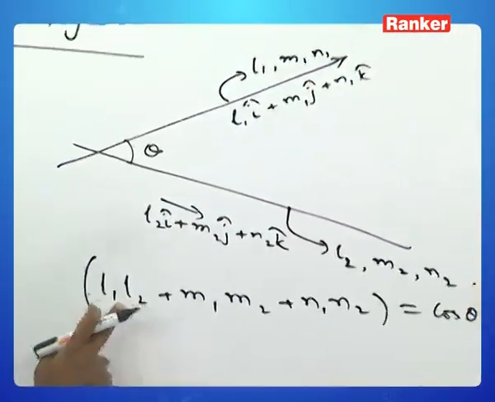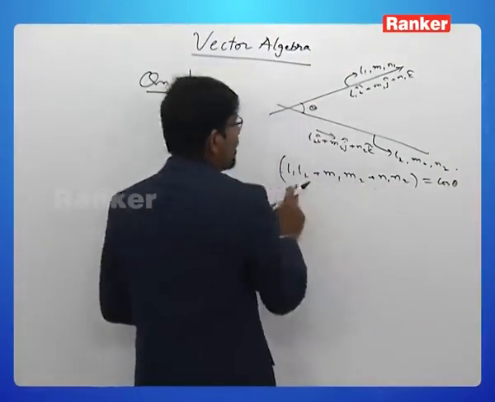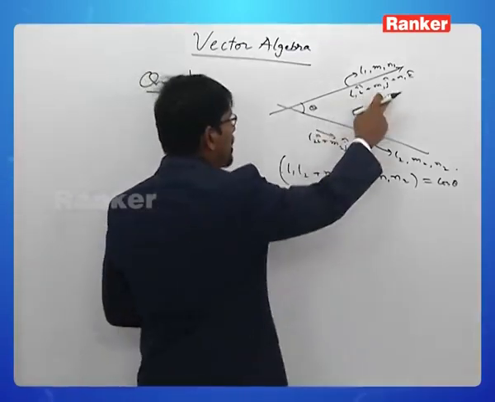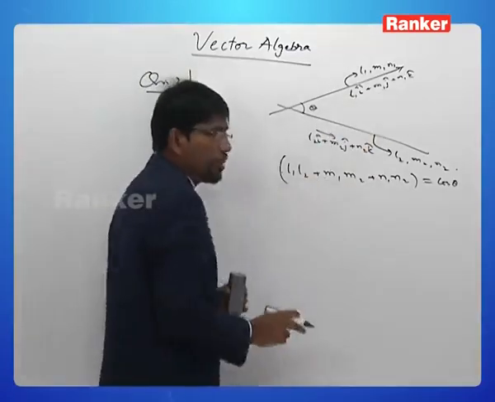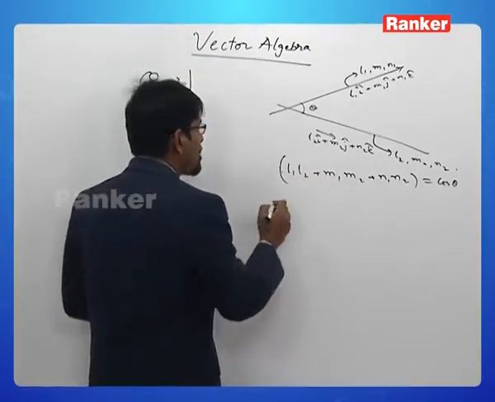That is, if theta is the angle between them, cos theta is given by the dot product divided by the magnitudes. Since these are unit vectors, it is sigma L1 L2 plus M1 M2 plus N1 N2. And now what about sin theta?